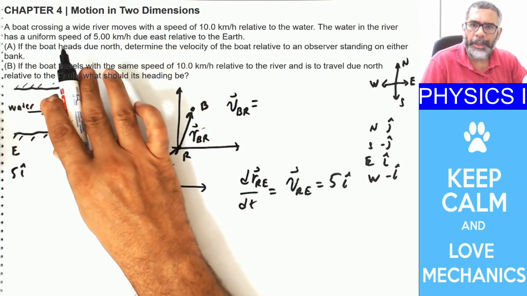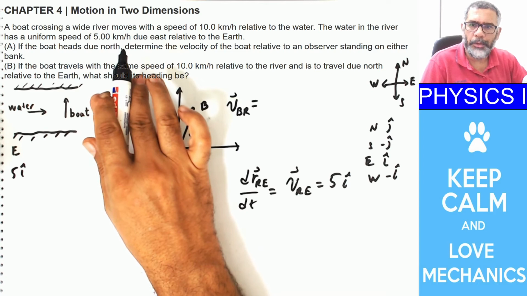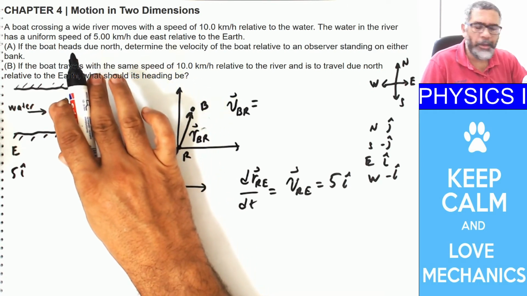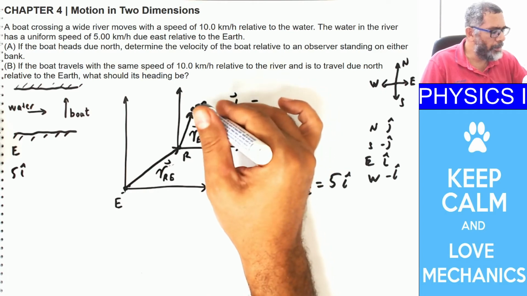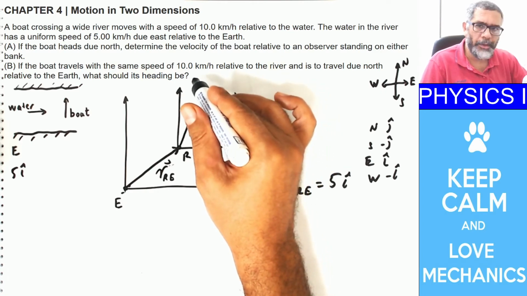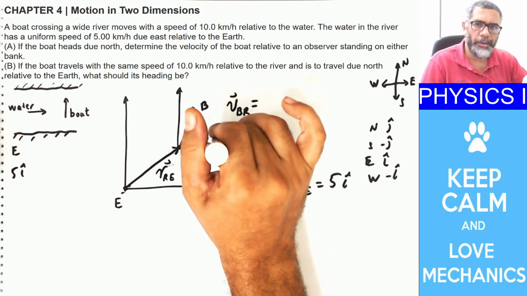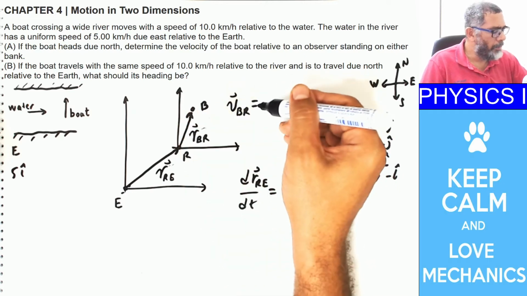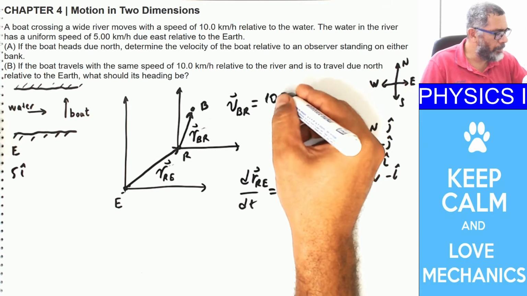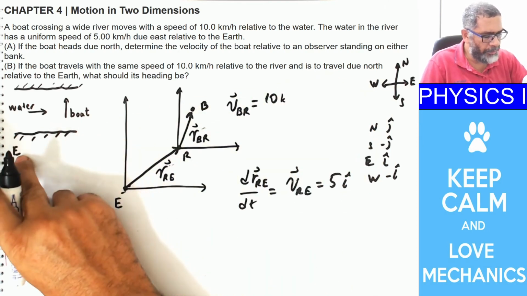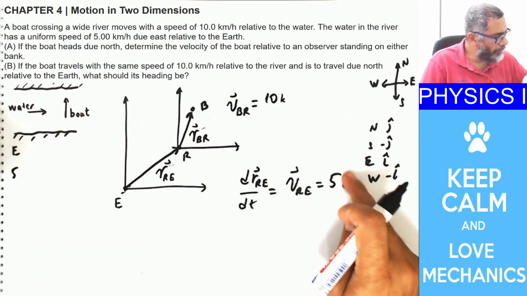Alright. If the boat heads due north, that means the boat is moving in upward direction relative to river, okay. So this is 10 kilometers per hour. It is not, by the way, 5 meters per second, but 5 kilometers per hour.